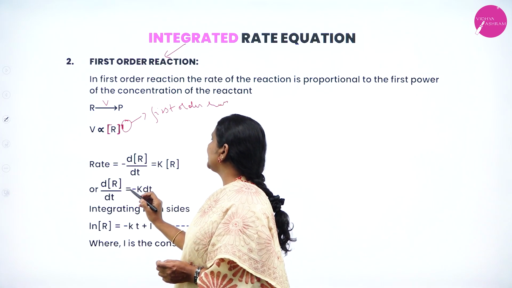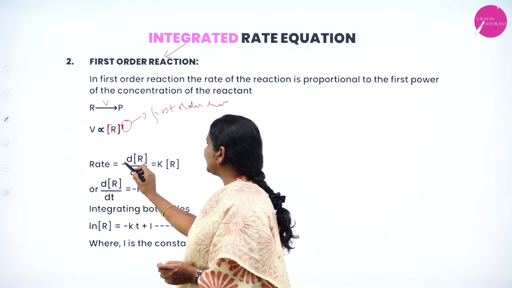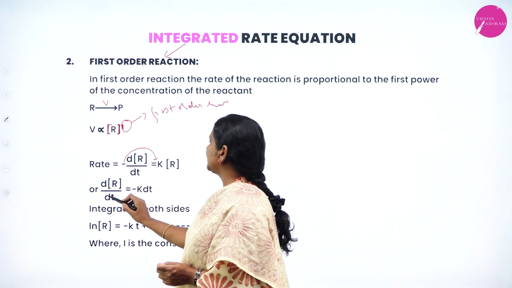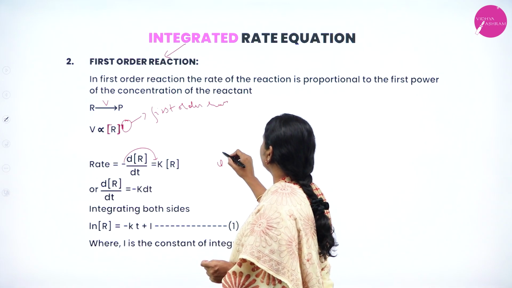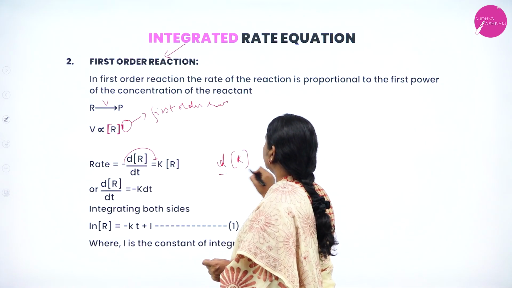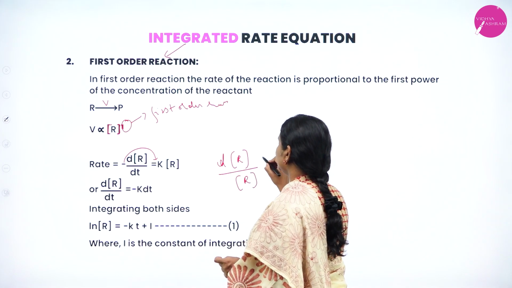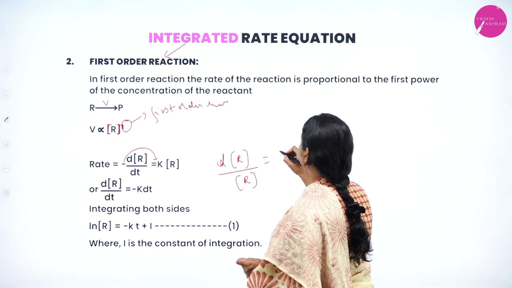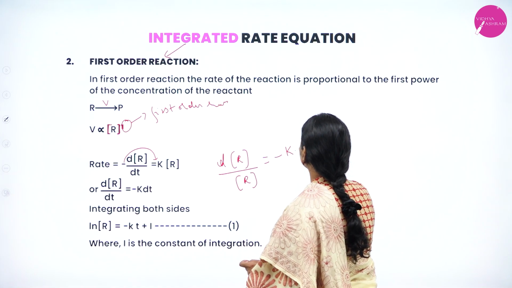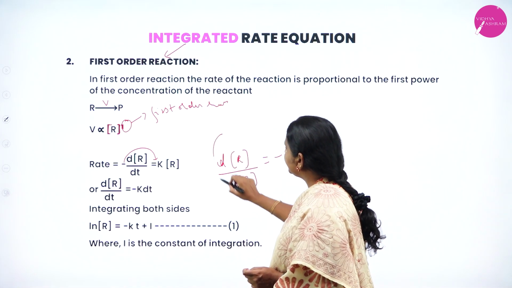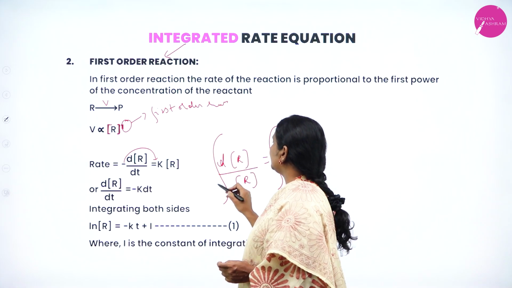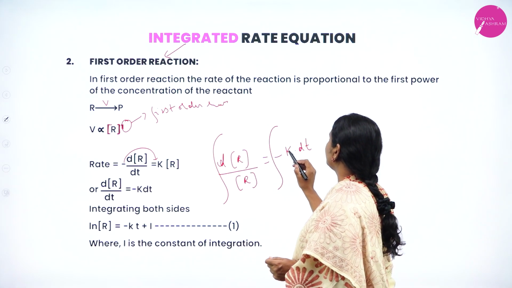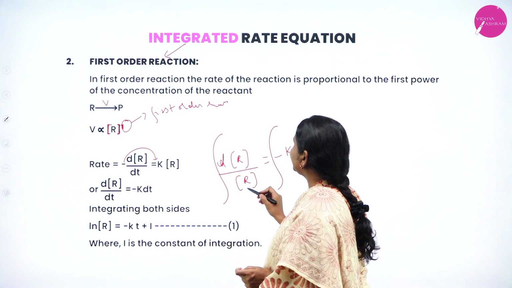Now, if I take the negative sign to this side, it is d of molar concentration of R divided by R is equal to minus k dt. Integrating this, the integral of dR by R is equal to minus k into dt.